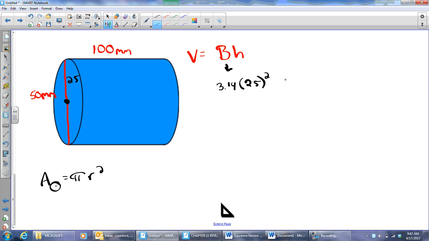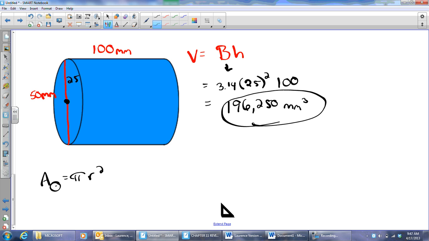Now the height of the whole cylinder is 100. So I'll go ahead and crunch that on my calculator. 3.14 times 25 squared times 100, and I'm going to get 196,250, and that'll be millimeters cubed.